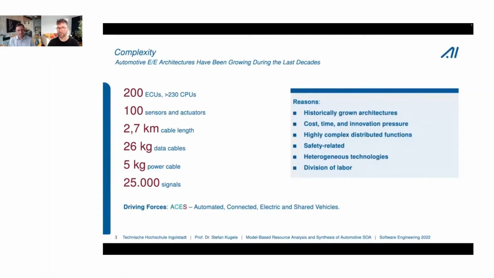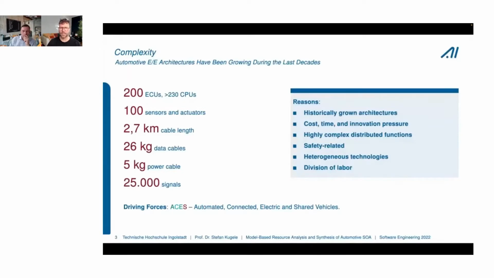The reason for that is historically grown EE architectures, where you just put in more functionality, more software. Therefore, the number of signals transmitted over the complete communication network keeps increasing. And of course, the driving forces today are automated driving, connected mobility, electrification, and shared vehicles.